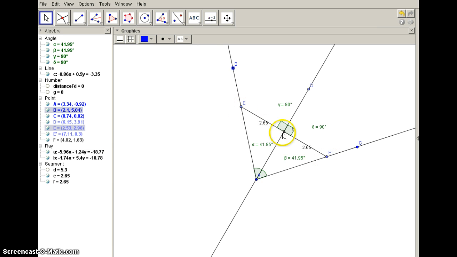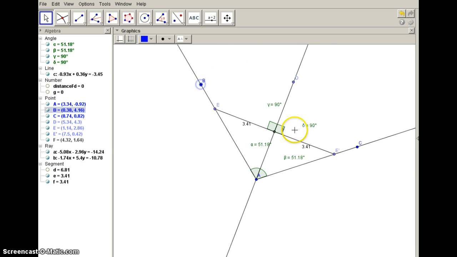This is a perpendicular line. EE prime is perpendicular to AD, to the line of reflection. We're seeing that because of these 90-degree angles, right? And then what we're doing is making sure that it's always equidistant, right? So this is a rule about reflections. Okay, it's part of the definition of a reflection.